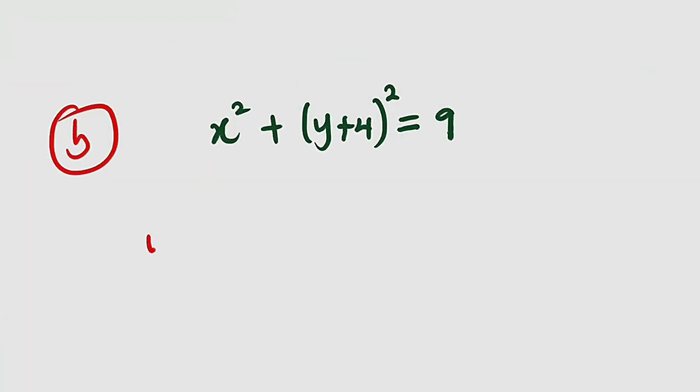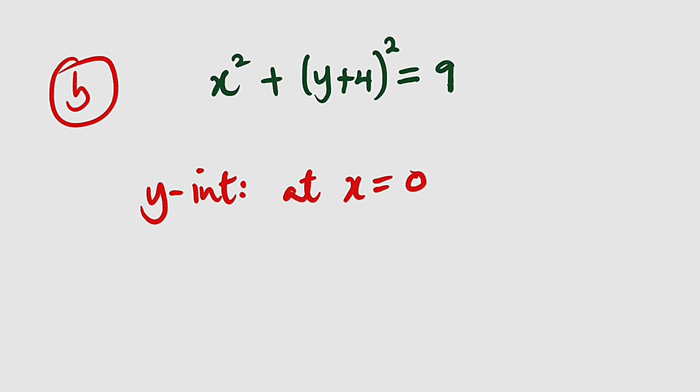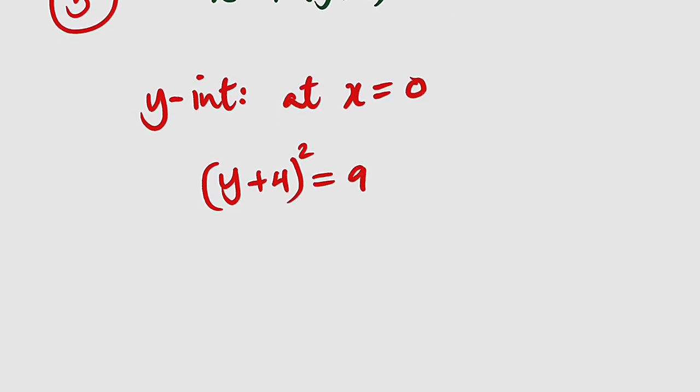It doesn't matter. So I think let me take the equation in standard form. So B part, we are looking for y-intercepts. That's exactly where x is equal to 0. So if we set x to be equal to 0, the whole of this will be 0, right? We only have y plus 4 whole squared equal to 9. Let's take square root of both sides.